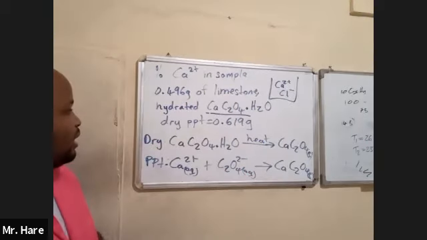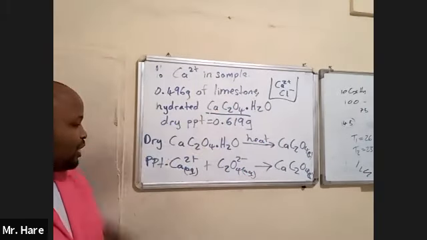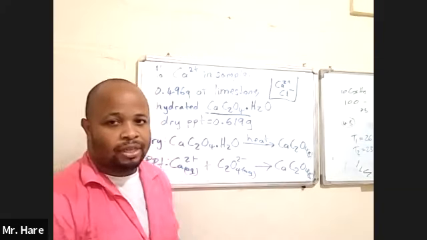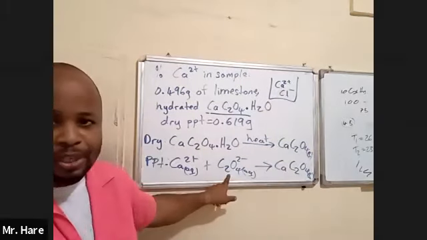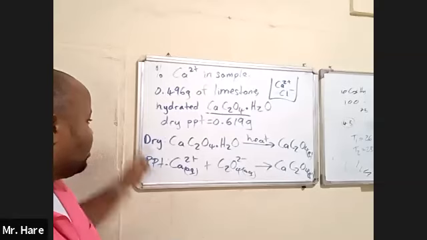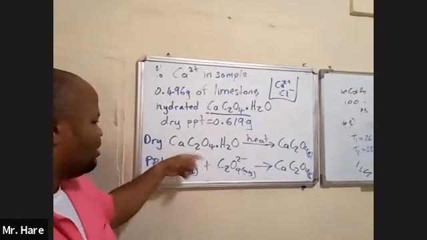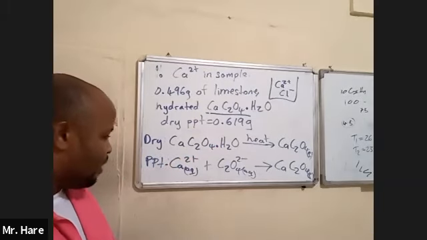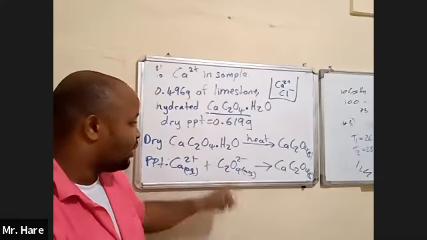So the oxalate is the precipitating reagent. It combines with the calcium ion to give you a precipitate of calcium oxalate. So they could have easily asked you for the precipitation equation and not the drying process, because they don't normally ask for the drying equation. It is normally the precipitation reaction that we are interested in.